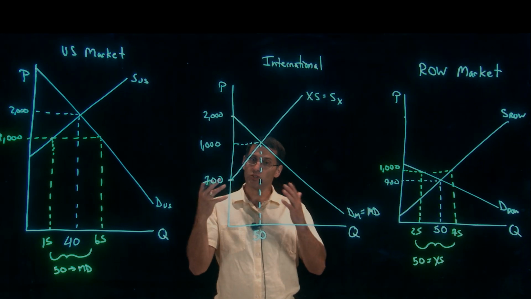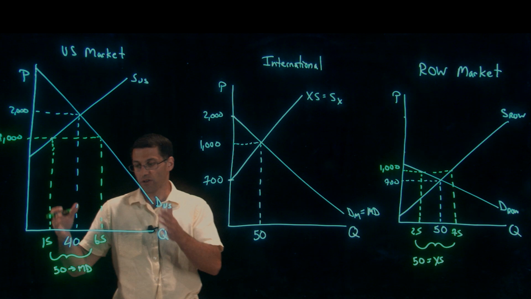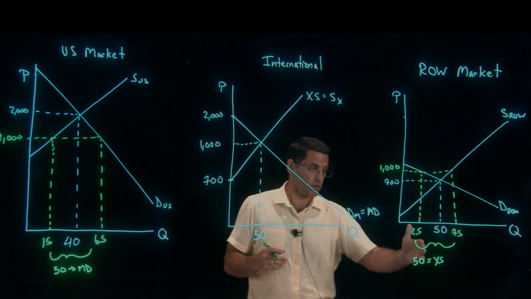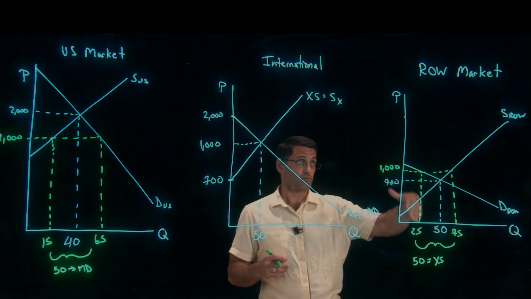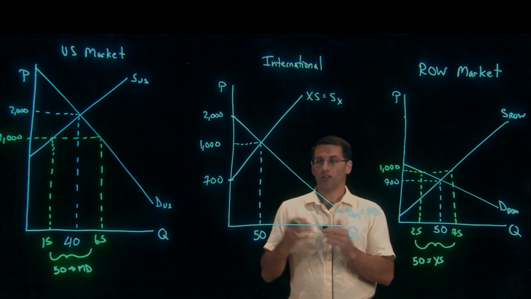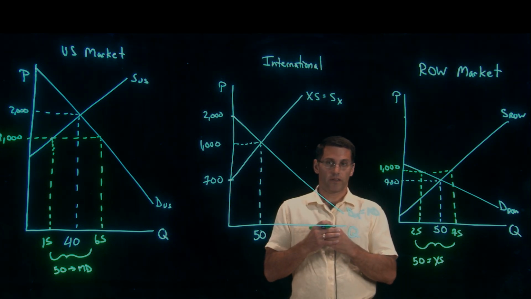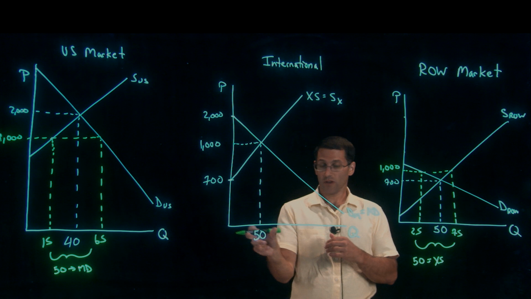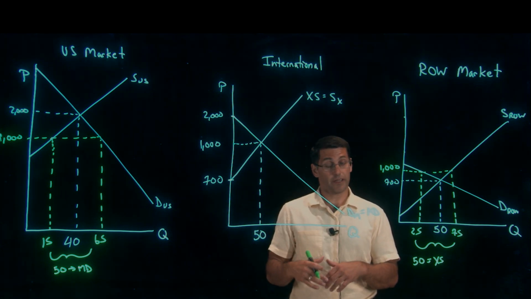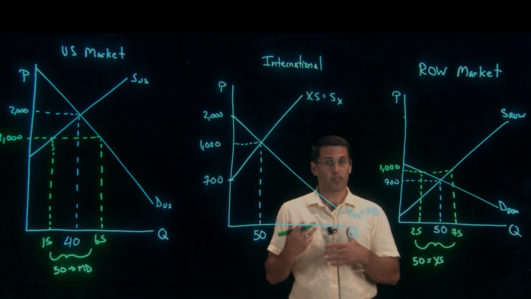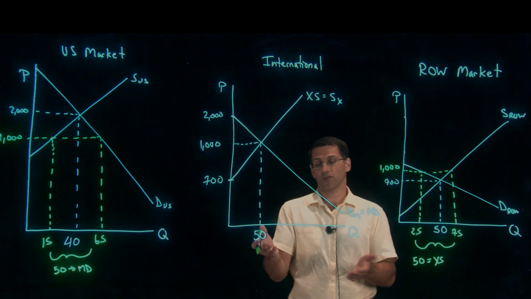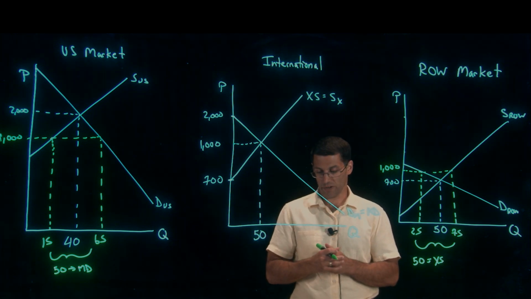Well, that is the price where the number of motorbikes U.S. consumers want to import equals the number of motorbikes rest of the world producers want to export to the U.S. So when we put the two together, at that price we will have the export supply equal to the import demand. Again, that's our concept of market clearing equilibrium. It's the price such that the market clears, and it does so at this particular quantity.